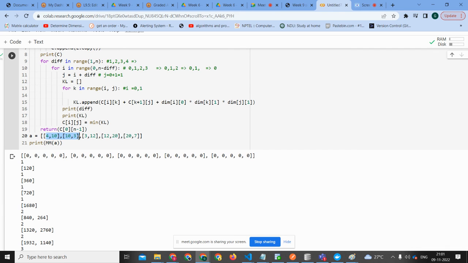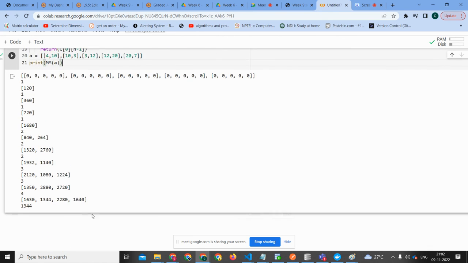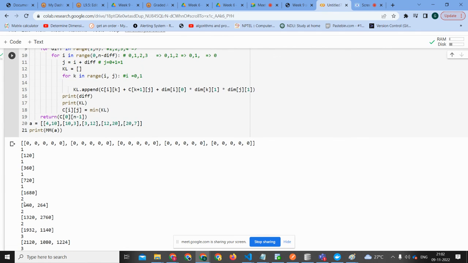How much did we get for this? 120, right? And how much will we get if we multiply 120 into 3 comma 12? But sir, here we are choosing the minimum from all these combinations.